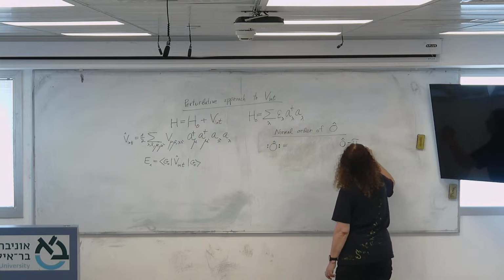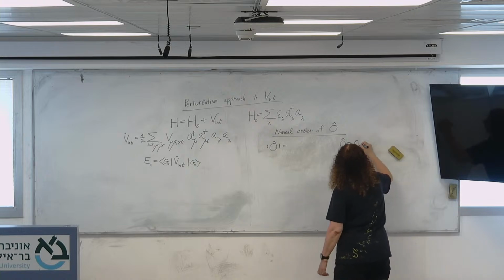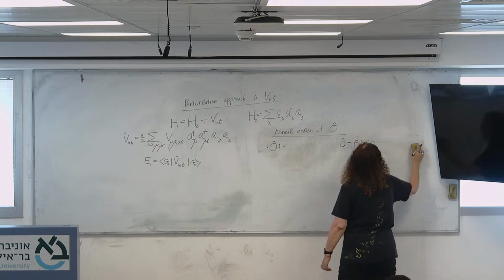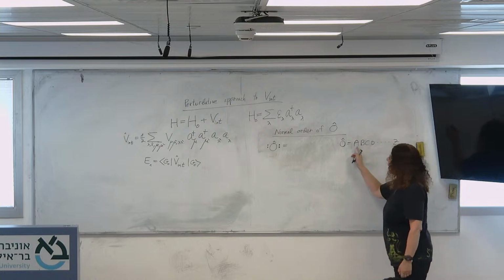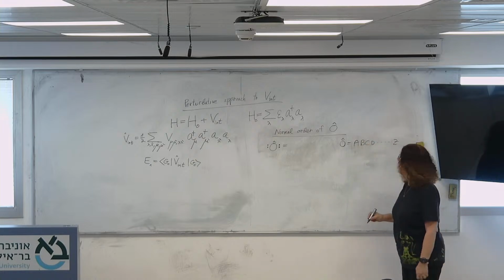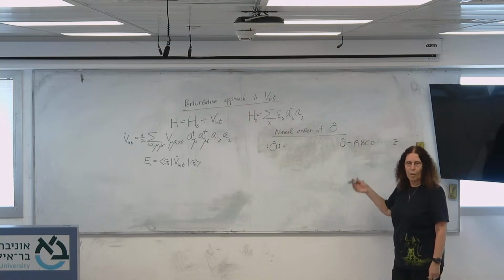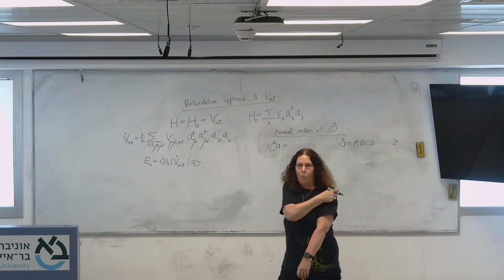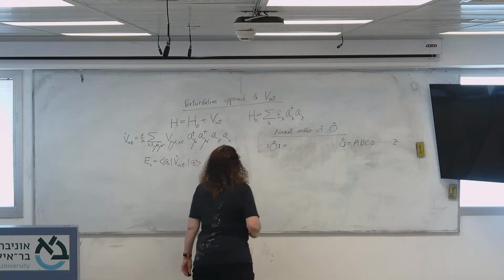So I can write it as some product. These are all operators. They are either annihilation or creation, and they can be mixed, and some of them can be products of or powers of creation or annihilation operators.